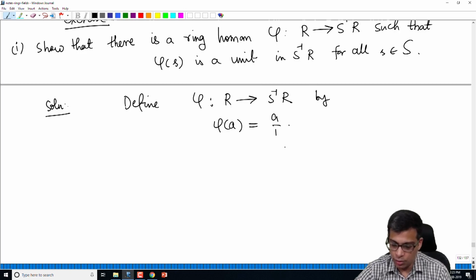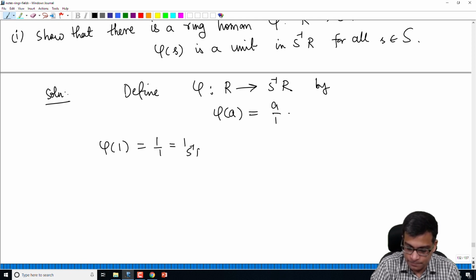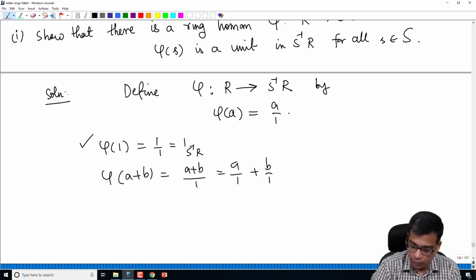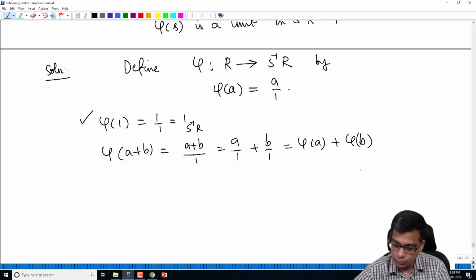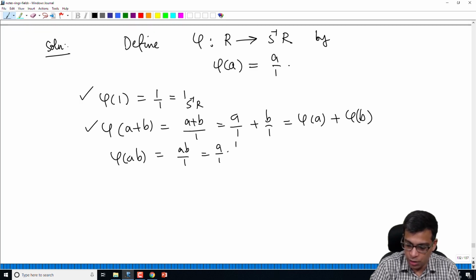So why is it a ring homomorphism? What is phi of 1? This is 1 by 1, which is the 1 in S inverse R. So this is okay. What is phi of A plus B? This is A plus B by 1, which is A by 1 plus B by 1, which is phi of A plus phi of B. So this is okay. What is phi of AB? This is AB by 1, which is A by 1 times B by 1.